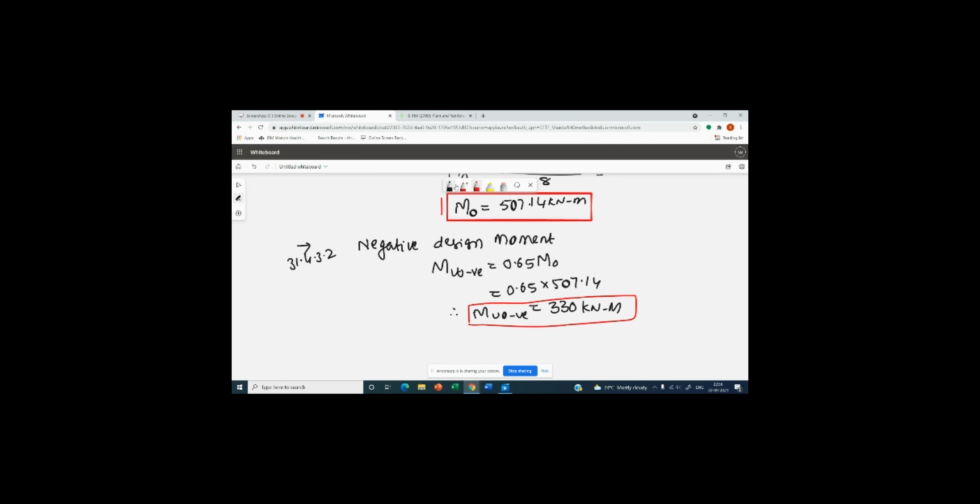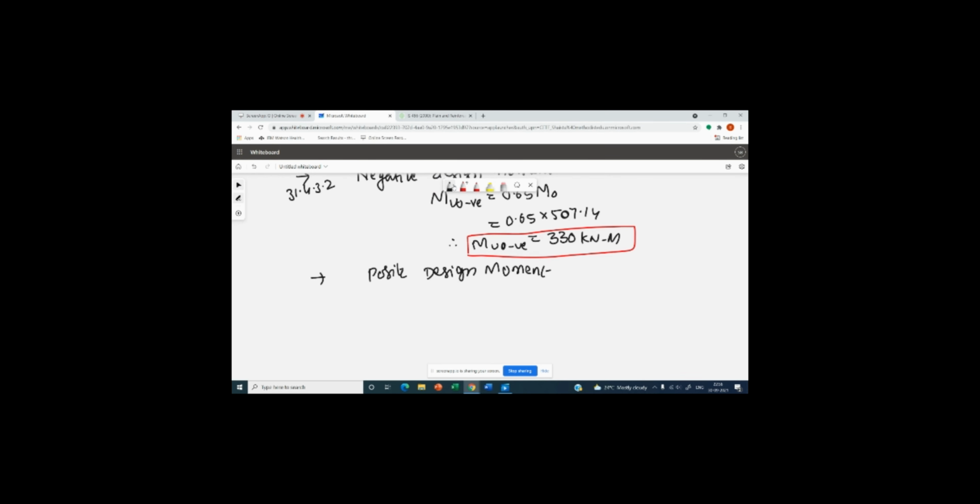Same way, positive bending moment, 0.35 times the total bending moment. Positive design moment, so directly I'm writing down the value.